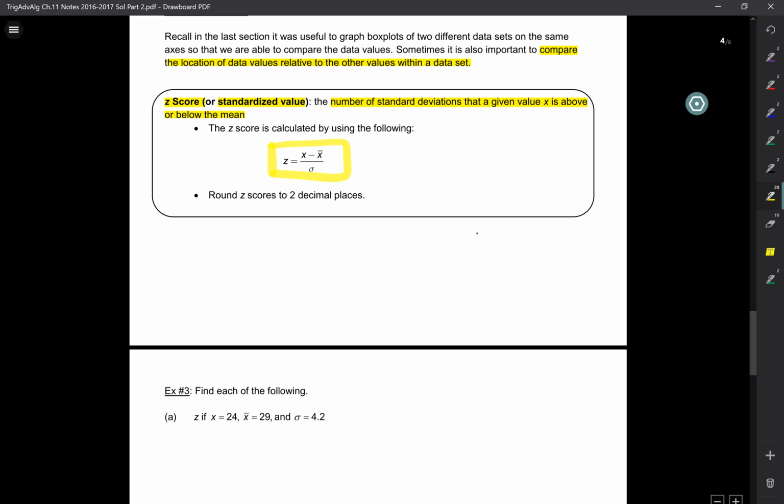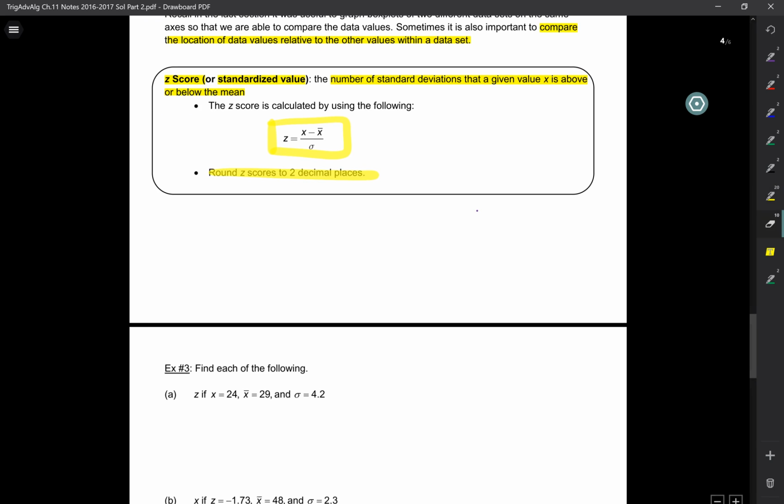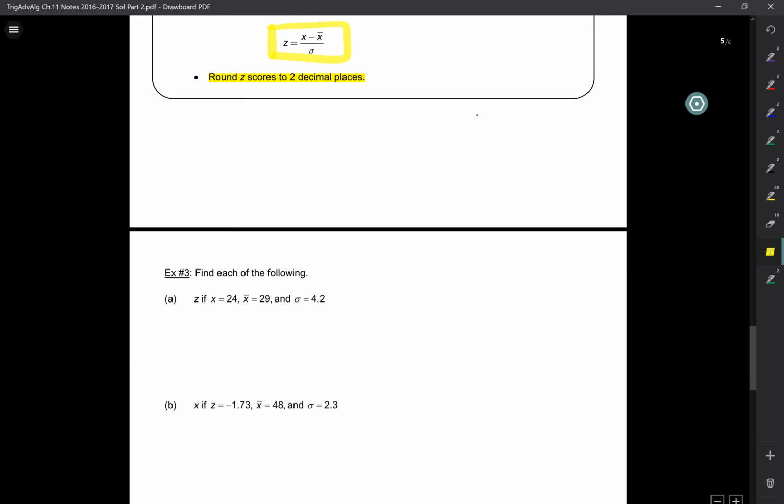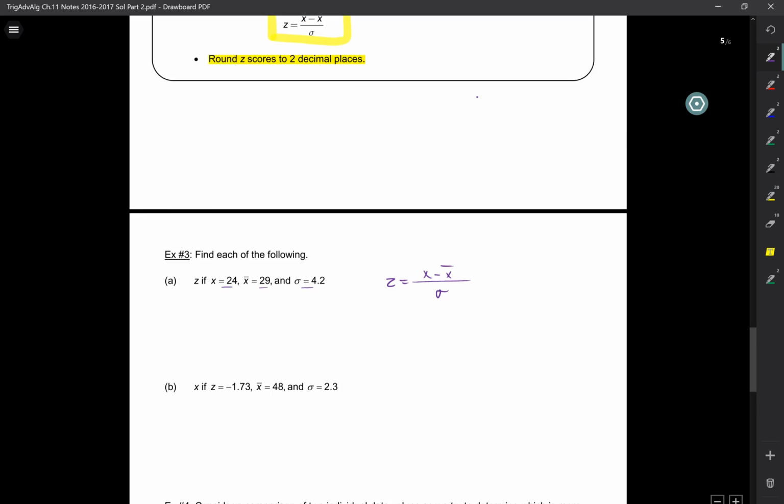Okay, and we round z-scores to 2 decimal places, always. That's just a rule that's agreed upon. So here, we want to find z, and you're given x bar and sigma. So z is equal to x minus x bar over sigma.